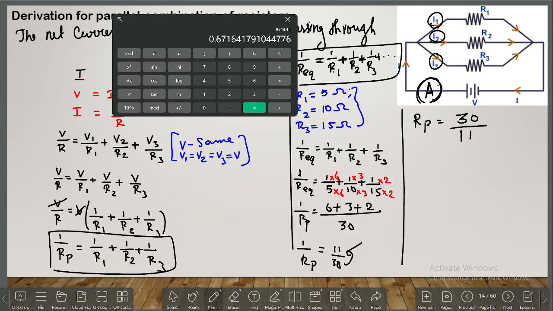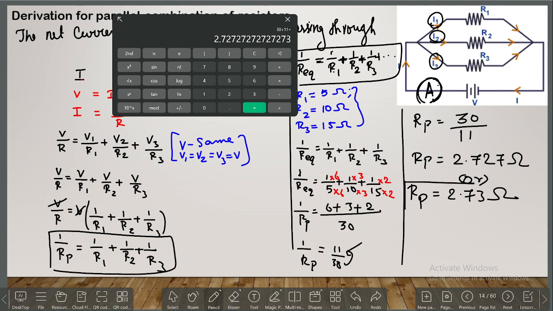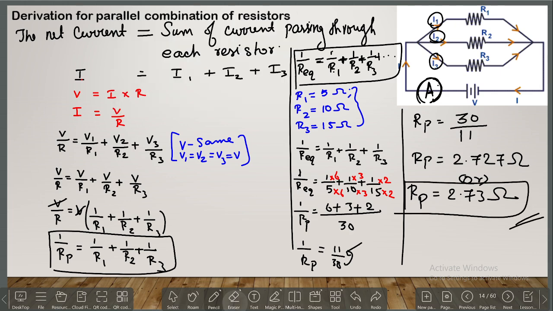Now divide these two numbers. 30 divided by 11 is going to be, Rp is equal to 2.727 ohm, or we can write it as Rp is equal to 2.73 ohm.